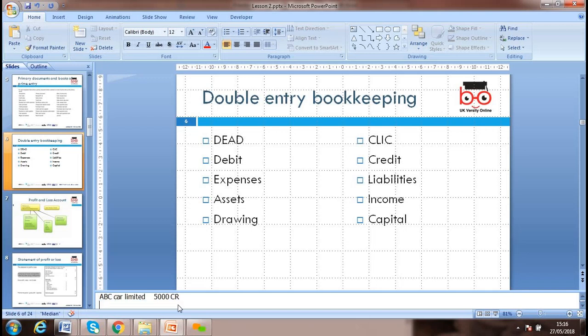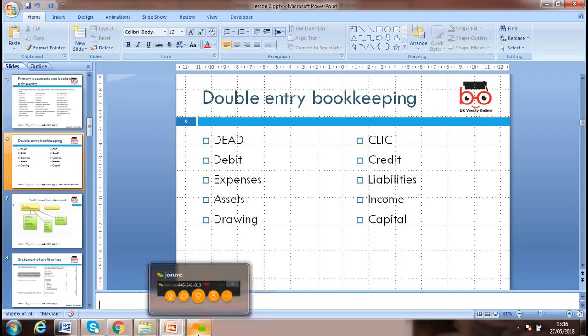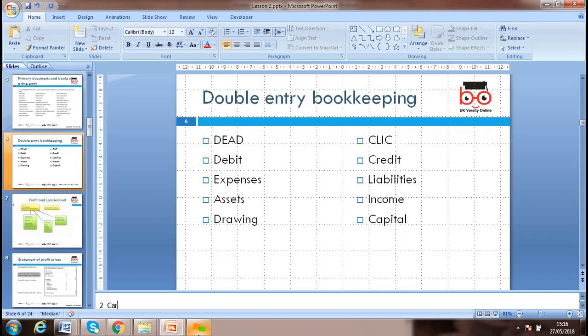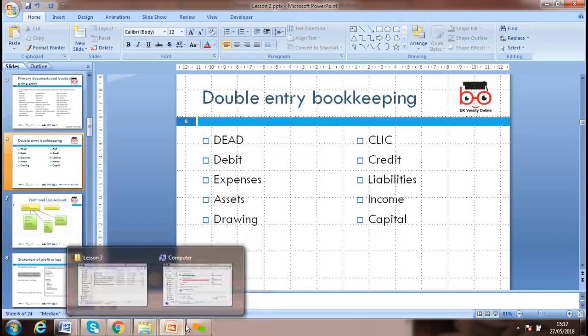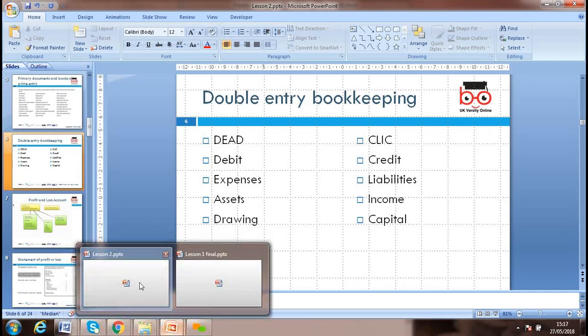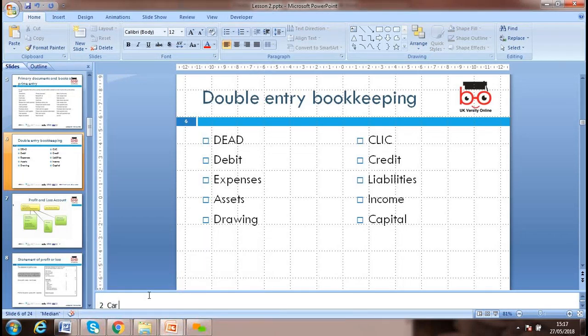Okay, second scenario: you have cash of 5,000. Still you're buying a car, so we debit our car. This time you have cash, you pay the cash, and it will be credit instead of liability, because cash is an asset.